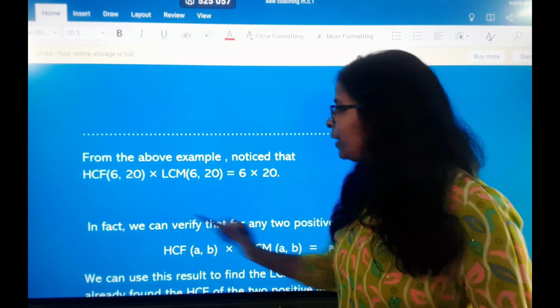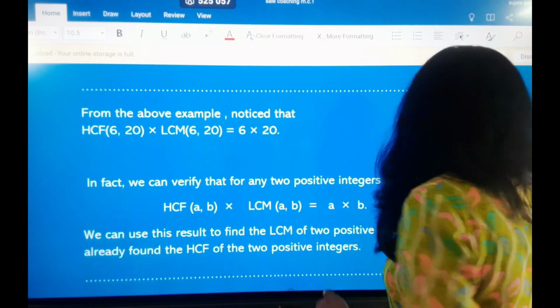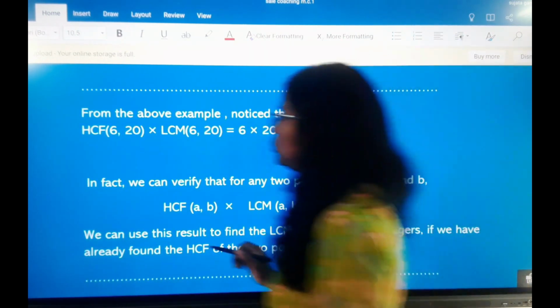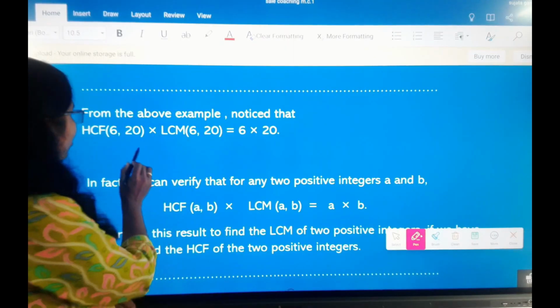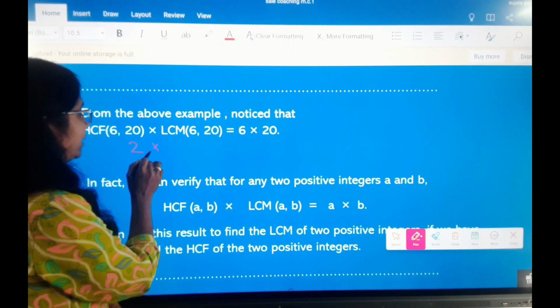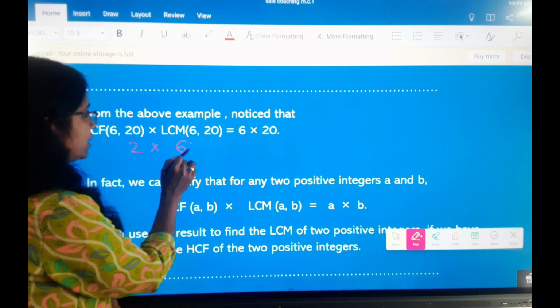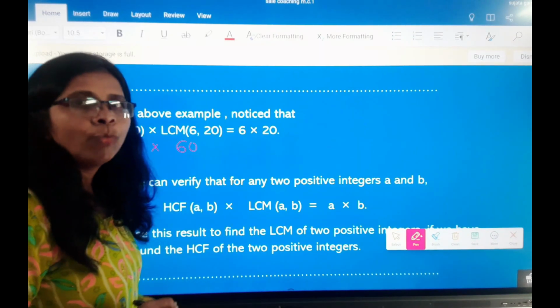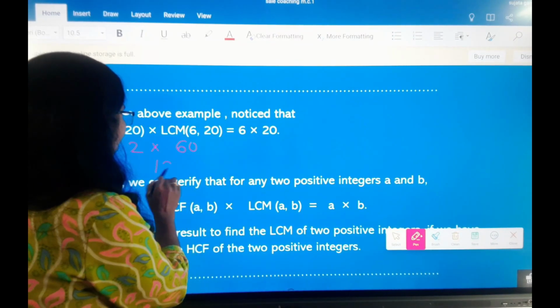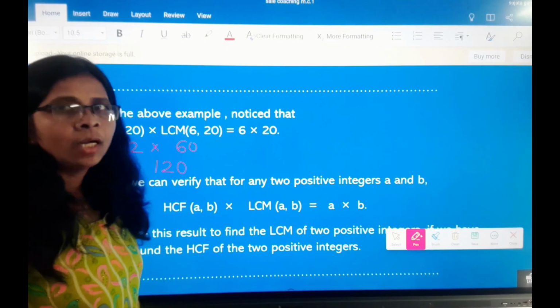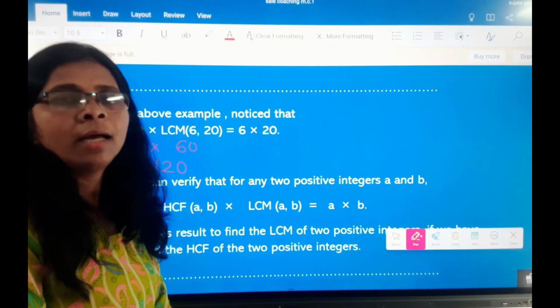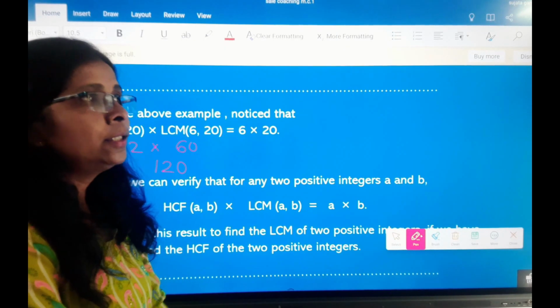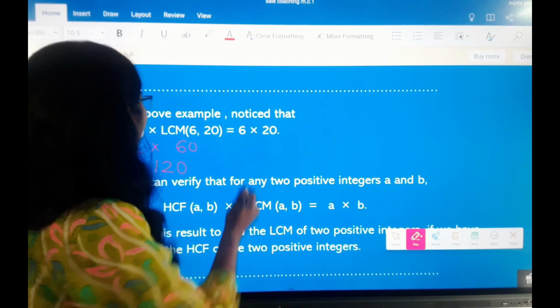Here the HCF is 2 and the LCM is 60. So we can say the product of these is 120. And what is the product of the given numbers?